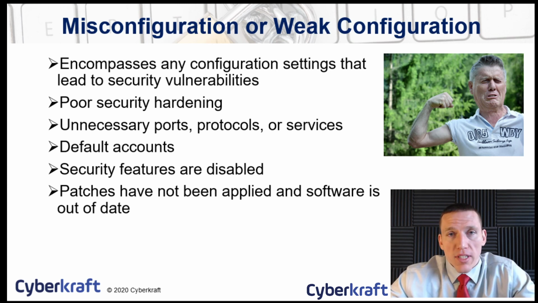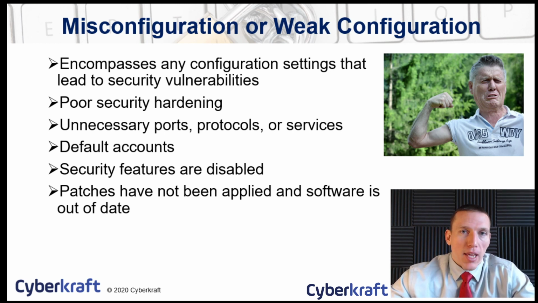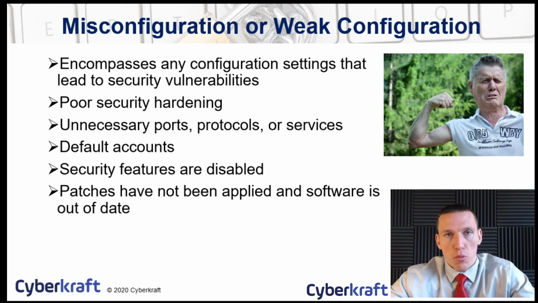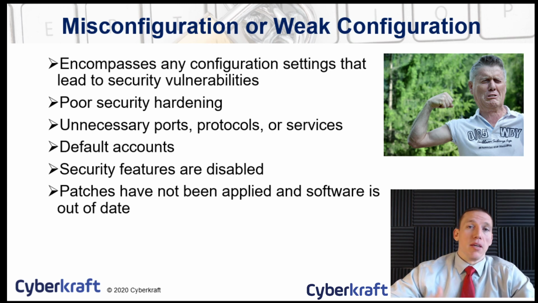Say you use point-to-point tunneling protocol for your VPN to access your web application. Well, there are known problems with point-to-point tunneling protocol, so that could be considered a weak configuration. Using FTP without any security mechanism, that's a weak security protocol. There's no security there, so that would be a misconfiguration.